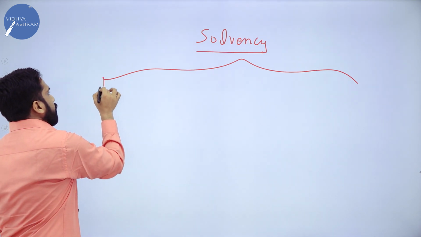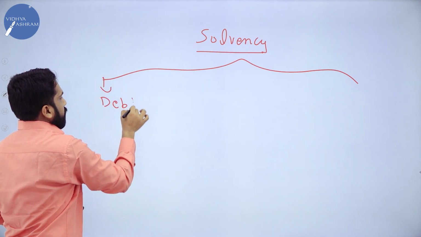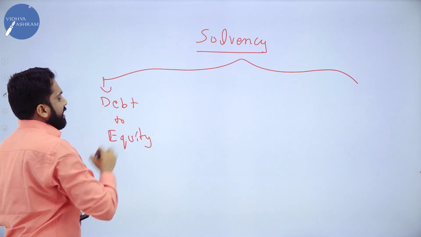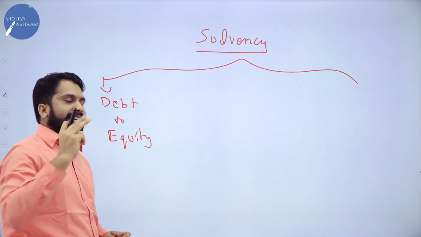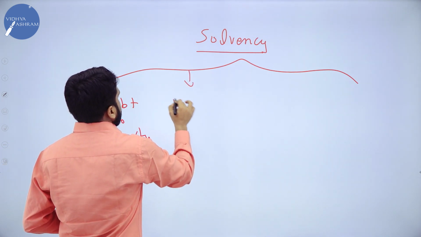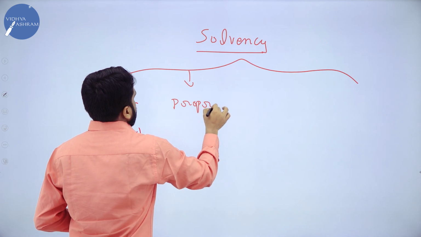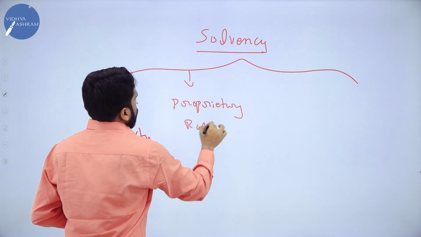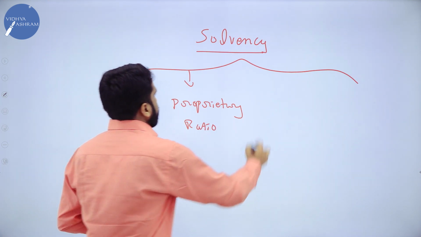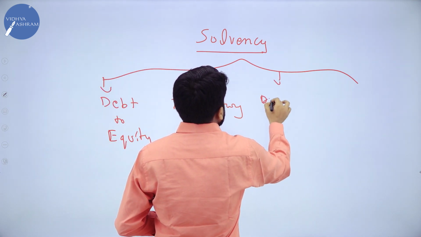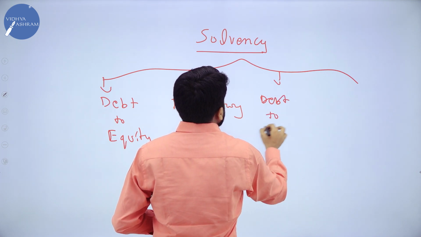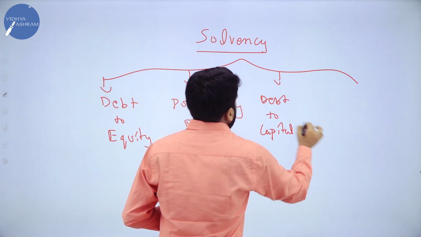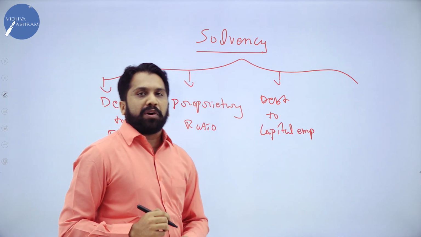The first type of ratio is called debt equity ratio. The second type, proprietary ratio, and the third one, debt to capital employed. Debt to capital employed ratio.